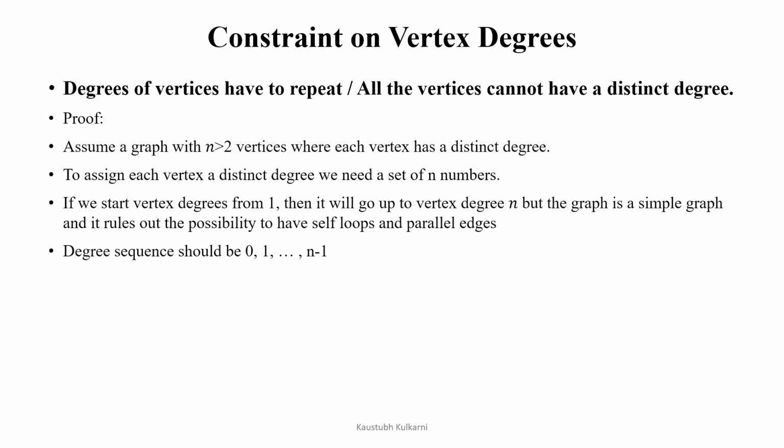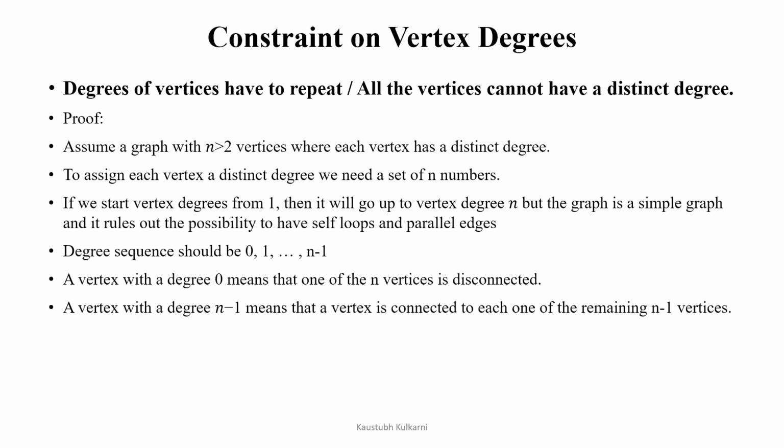Now there is a problem here as well. A vertex with degree 0 means that one of the n vertices is disconnected, whereas a vertex with degree n minus 1 means that a vertex is connected to each one of the remaining n minus 1 vertices. Now this is impossible because one of the vertices is disconnected.